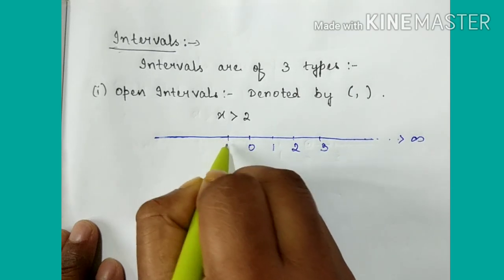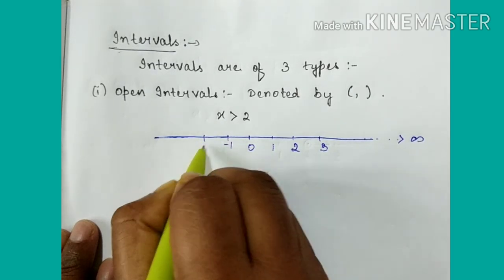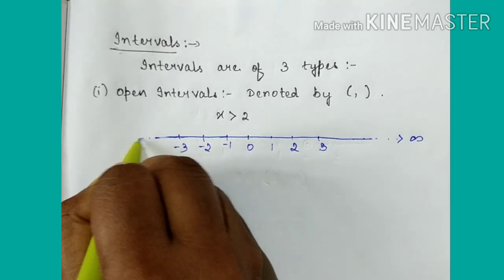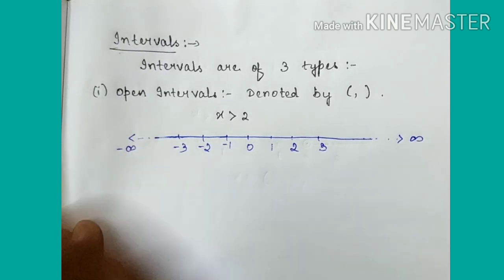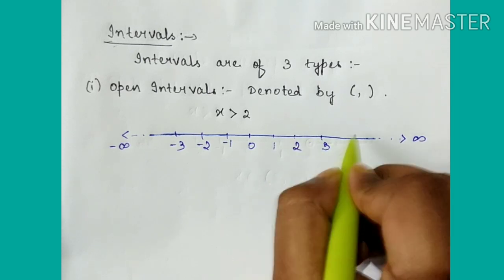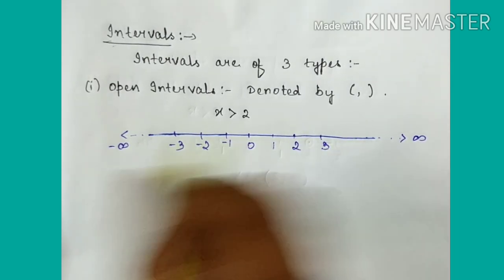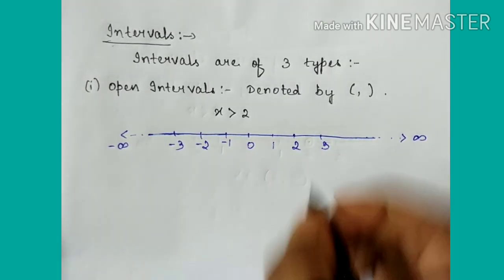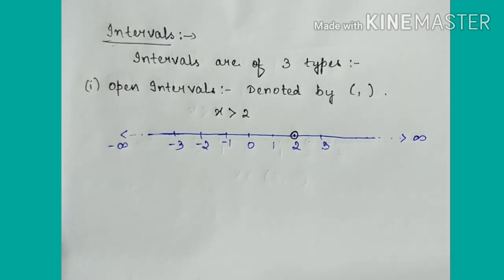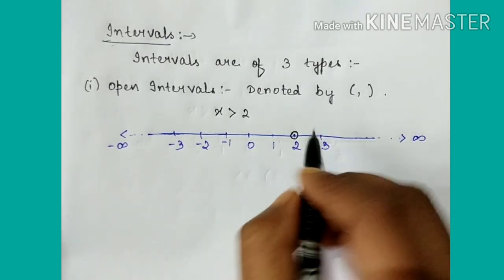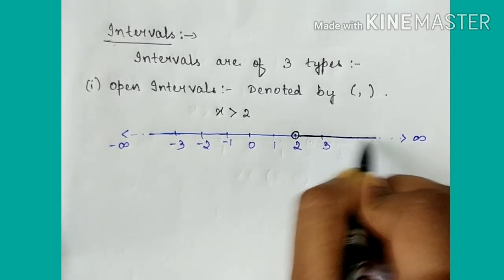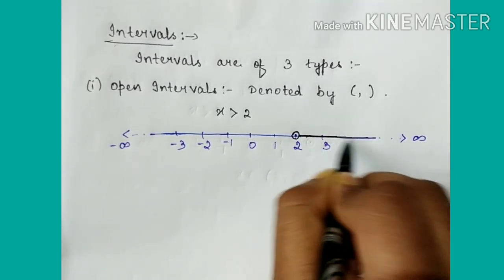This is -1, -2, -3, it goes till minus infinity. Now we are to plot the points which are greater than 2. First we will mark the point x equal to 2 on the number line. We encircle it in this way. Now all the points which are greater than 2 will be this portion. We darken this portion on the number line.